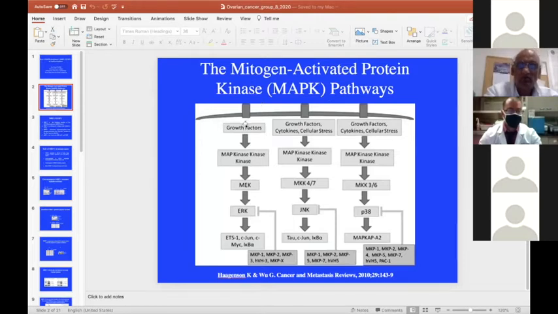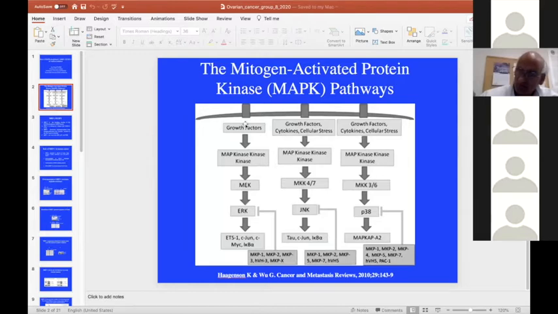Growth factors can activate ERK, which can lead to cell growth and proliferation. On the other hand, stimuli like stress can activate JNK and P38, which can lead to many outcomes. One of the outcomes is to cause apoptosis.